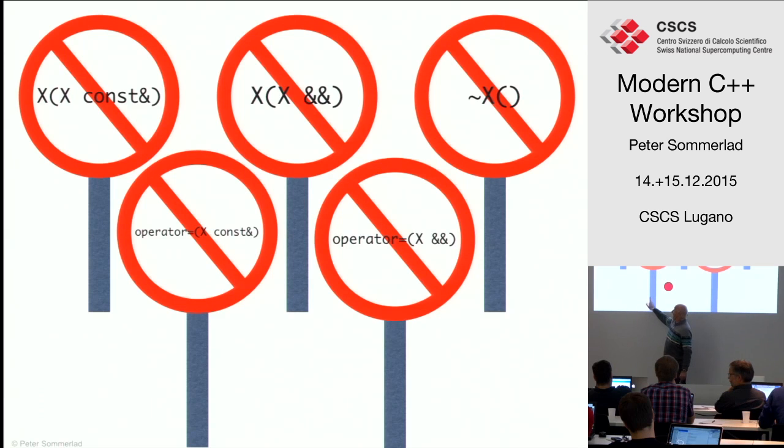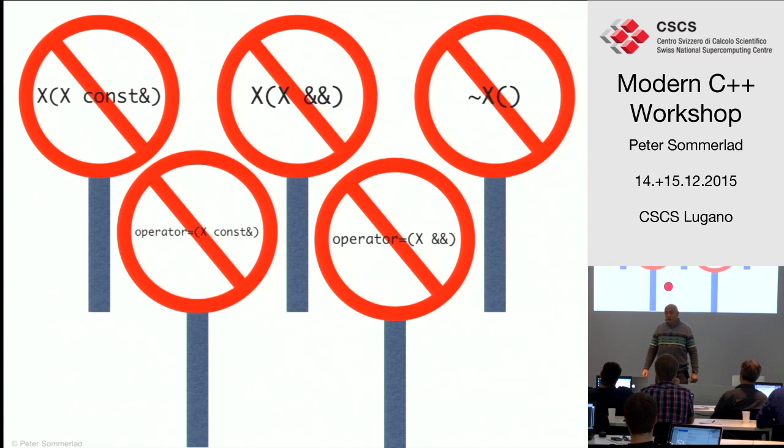A copy assignment operator. Who has written a copy assignment operator? Should be the same ones who implemented the copy constructor. That's even worse, because it's even more often wrong than the copy constructor. And you also don't want to write those.